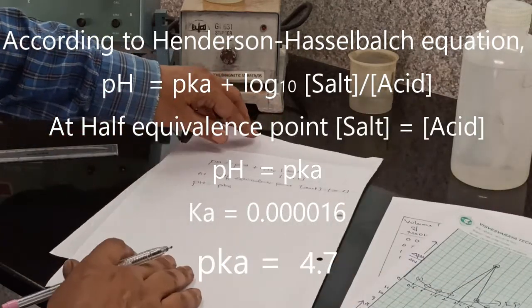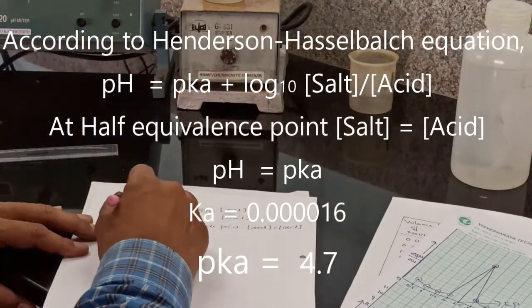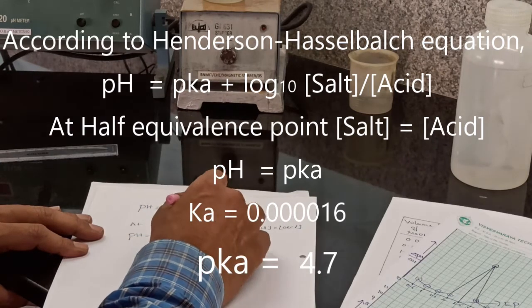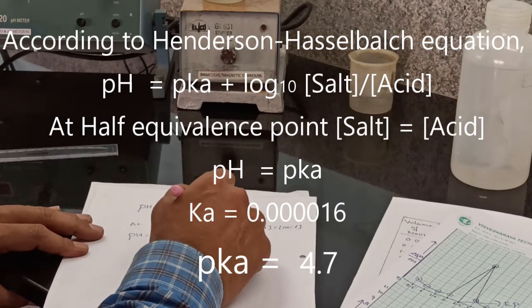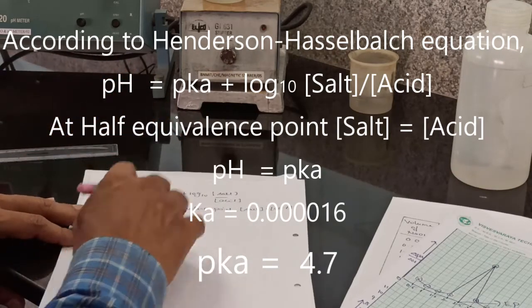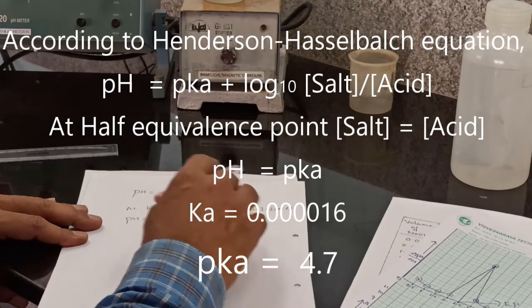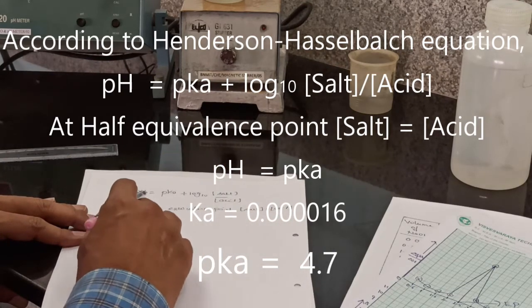According to the Henderson equation, pH equals pKa plus log base 10 of the concentration of salt by the concentration of acid. At the half equivalence point, the concentration of salt is equal to the concentration of acid. That's why the pH is equal to pKa.